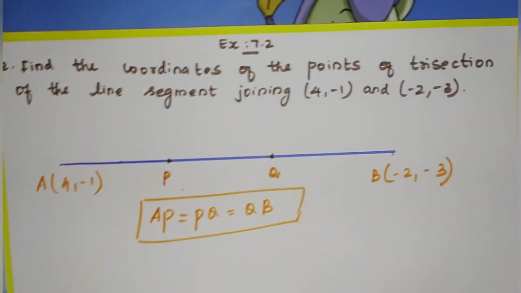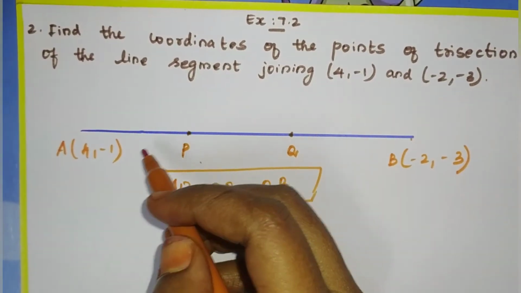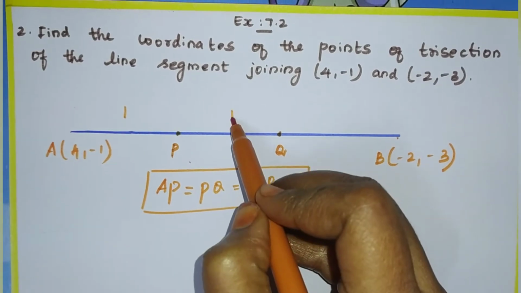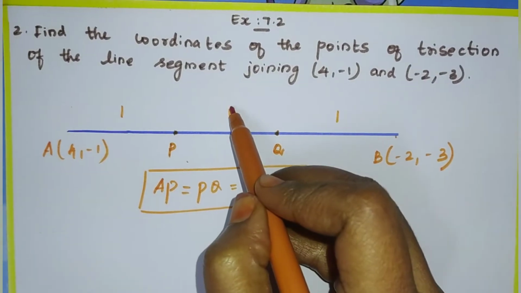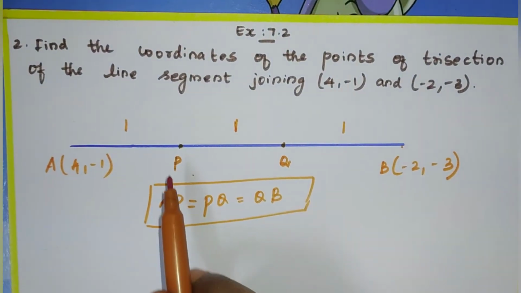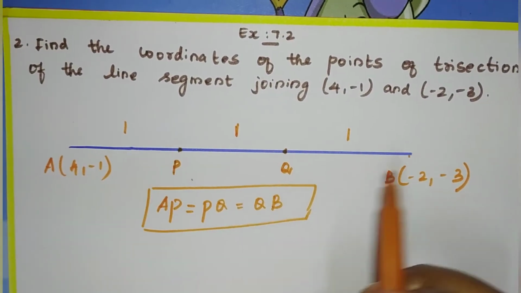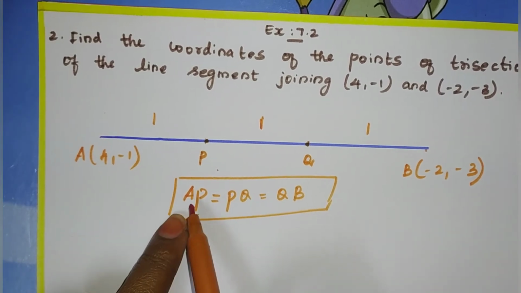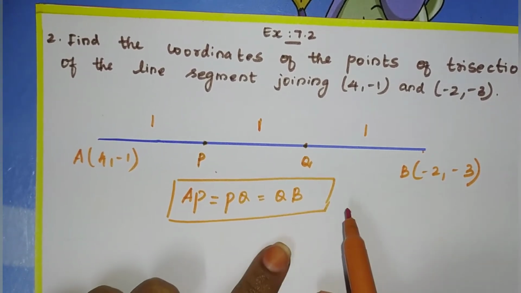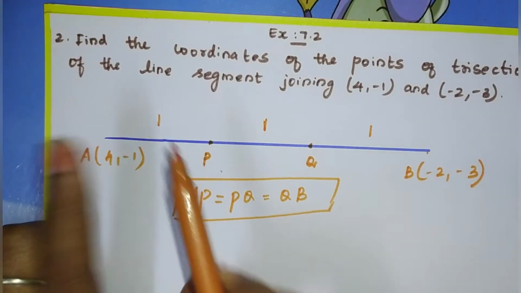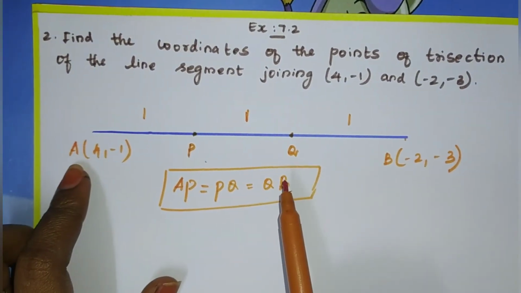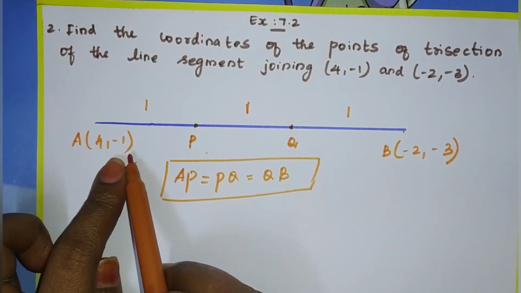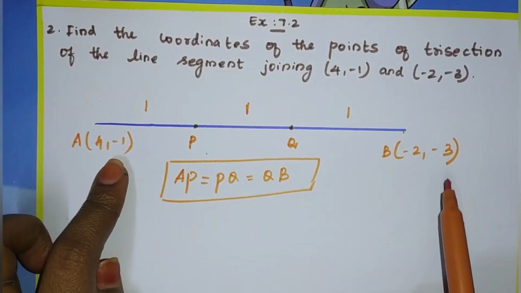Okay, so I am going to take this as 1, this is 1 and this is 1. Since it is trisection, everything is equal. AP is equal to PQ is equal to QB, that I am going to take as 1. So first, A is 4 comma minus 1 and B is minus 2 comma minus 3.